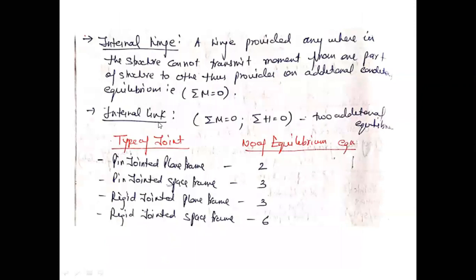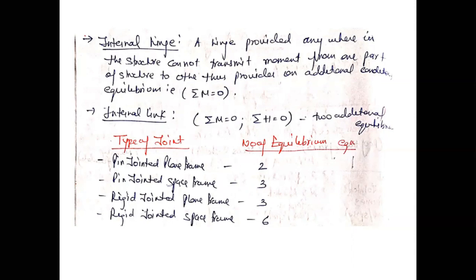Now, here we will discuss this concept of internal hinge. A hinge provided anywhere in the structure cannot transmit a moment from one part of the structure to another, thus providing an additional condition of equilibrium. What is an internal hinge? Basically, the role of a hinge is to allow movement.